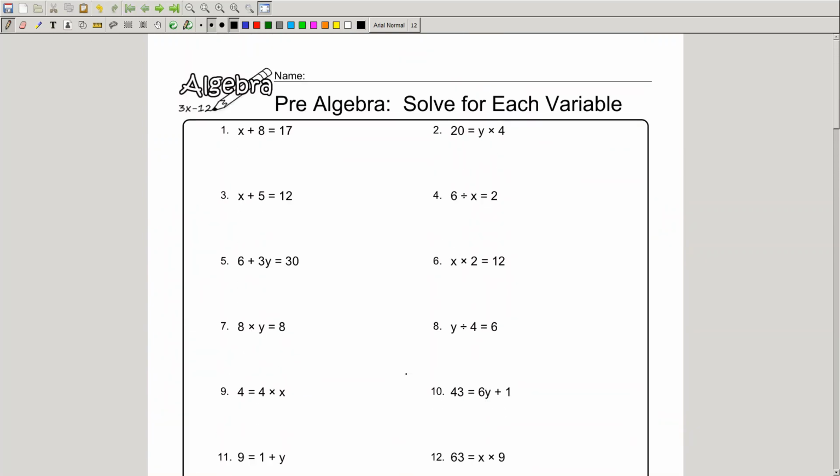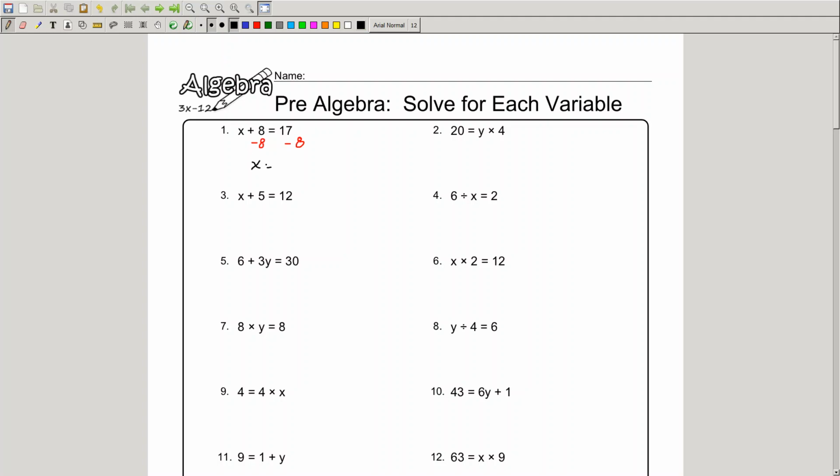Okay, x plus 8 is equal to 17. Think about this: what operation is being done to x? Well, you're adding 8 to x. You will do the exact opposite, so we're going to subtract 8, and what you do to one side, you do to the other side.